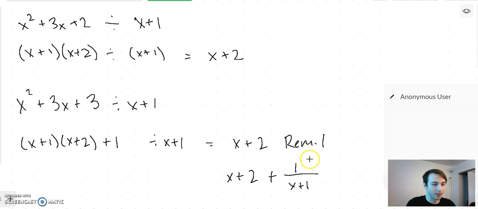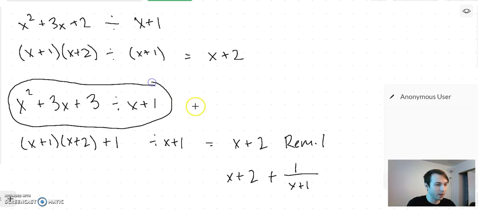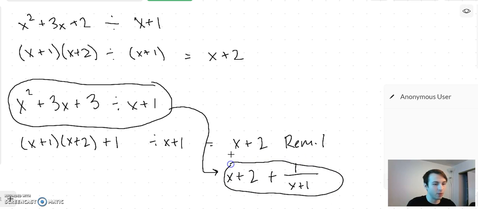So polynomial division is pretty much just a whole bunch of methods for going from here to here. The most intuitive method for polynomial division is, of course, to just factor the polynomial like we did up here, and then just cancel out whatever factor is in common.